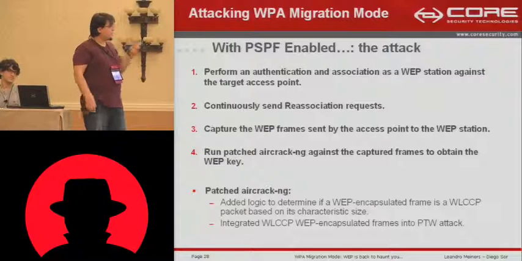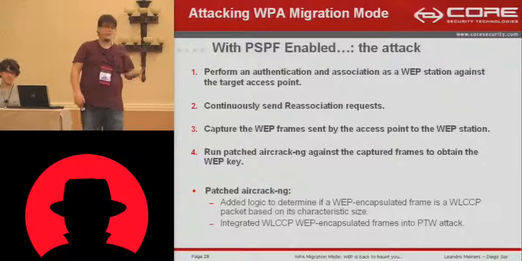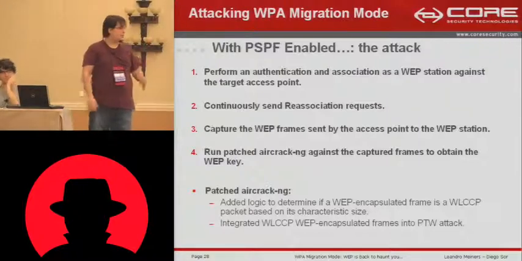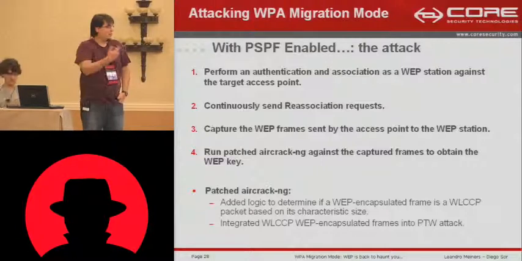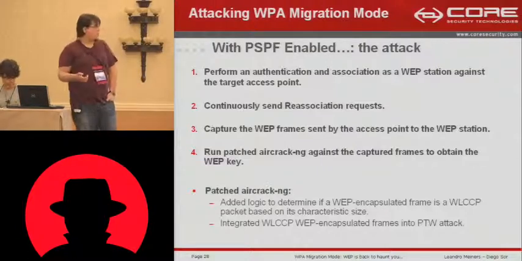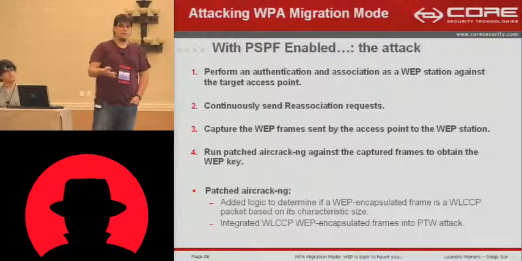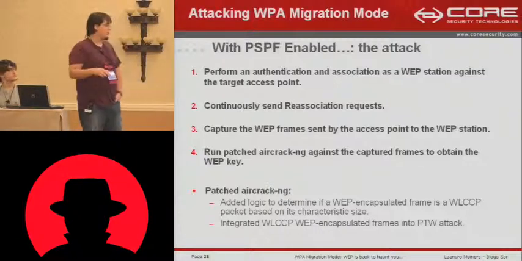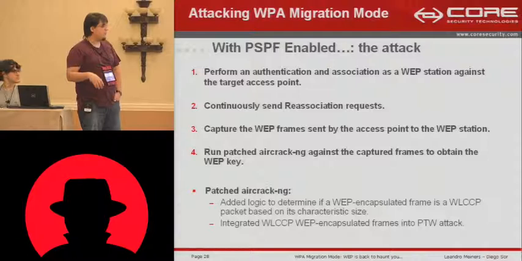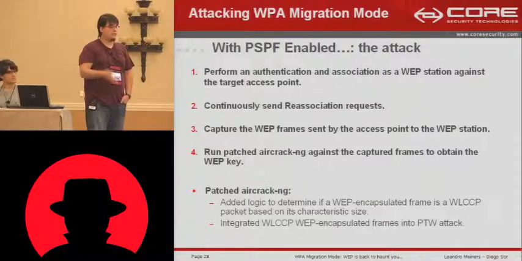So we patched Aircrack to use the PTW attack, which came out in 2007 and does a different type of cryptanalysis on WEP. It can crack the WEP key with a good chance using 80,000 packets, which is a lot lower.